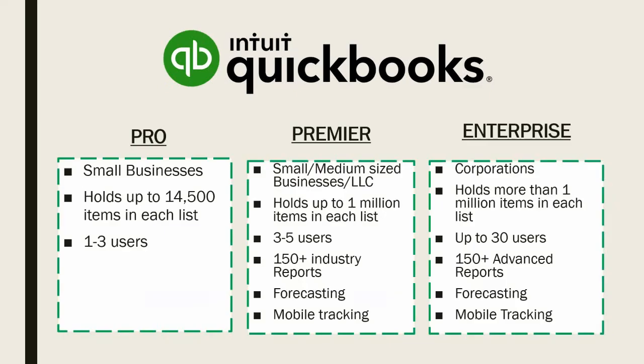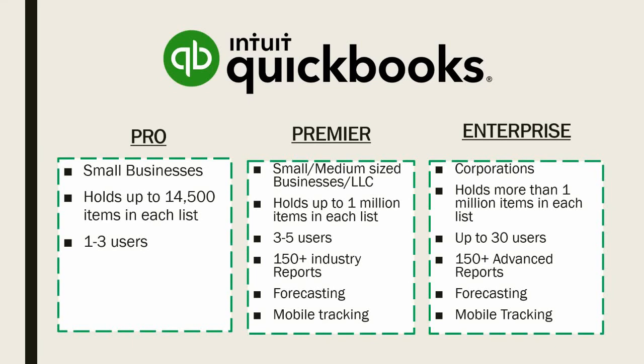Okay. Now, of course, I'm going to go ahead and give a brief description, just a little bit about the differences between each one. Now, Pro is definitely for smaller businesses. Okay. And of course, for smaller businesses that are starting up their company, their main key portion is to just be able to do the very basics of keeping a good record of their income and their expenses.